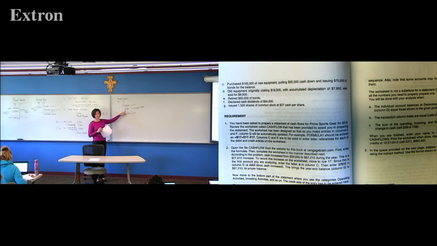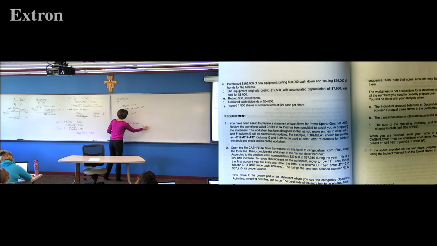So when I retire it, basically that means I paid it off. So if I paid off $60,000 of debt, I need to reduce that account. And typically the way we pay off debt is with our cash. So we credit cash.